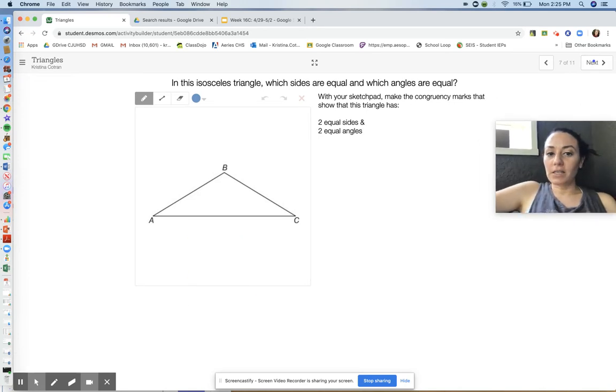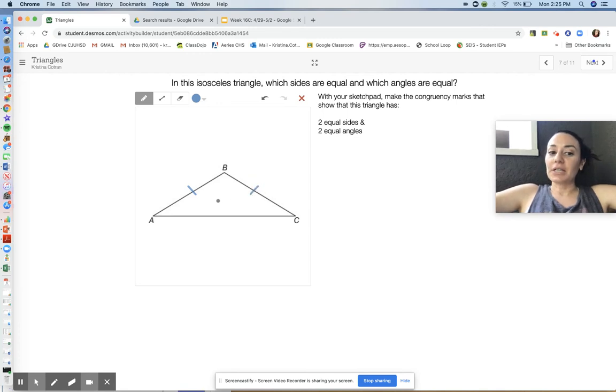Next. In this isosceles triangle, which sides are equal and which angles are equal? So you have 2 equal sides, 2 equal angles. Just like the picture before, let's go ahead and get the drawing tool. This is side AB. If I measured it with a ruler, we could prove it, but it looks equal to BC.